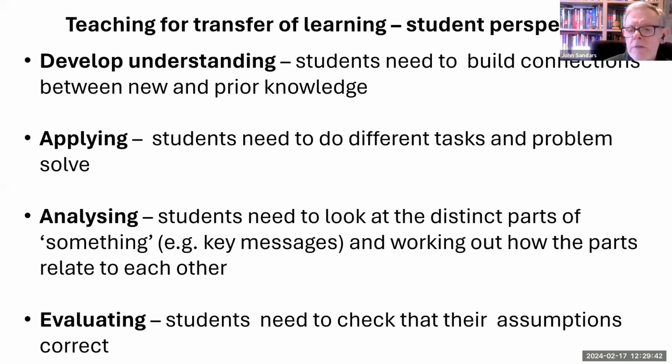Students need to be able to begin to analyze the distinct parts of something and work out how these parts relate to each other, what is similar or what is not similar. But they also need to be able to check that their assumptions of whether something is similar or different are correct.